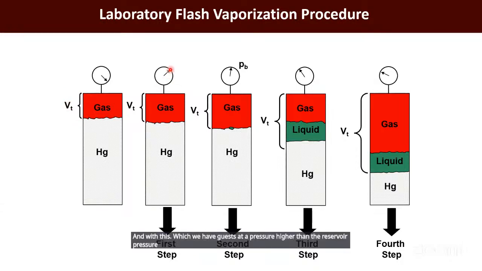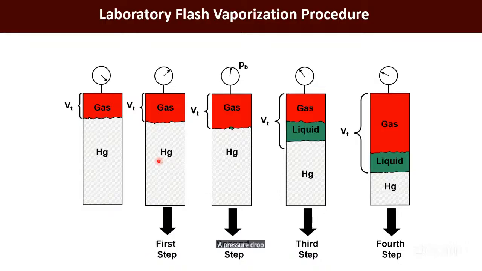Then we have a pressure drop by removing some of the mercury. And then we will find an oil or condensate droplet throughout the reservoir, meaning that we dropped below the dew point pressure. And if we continue dropping, the amount of the liquid will increase.